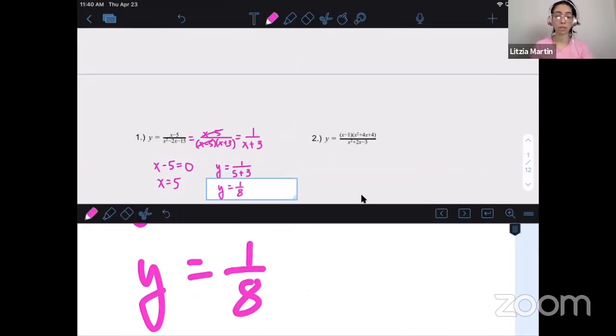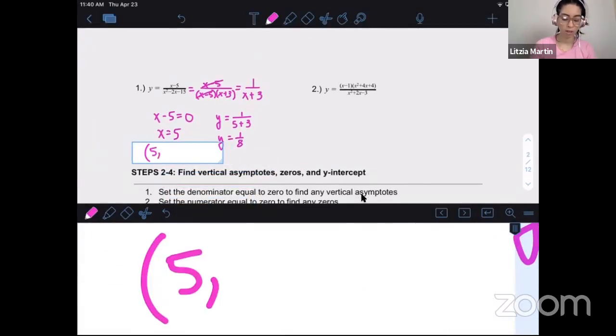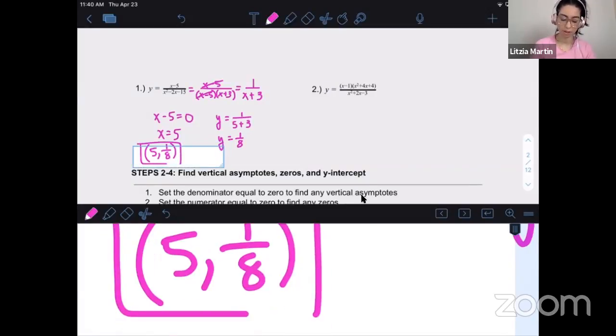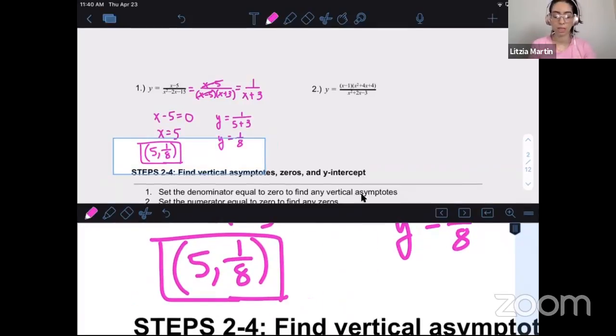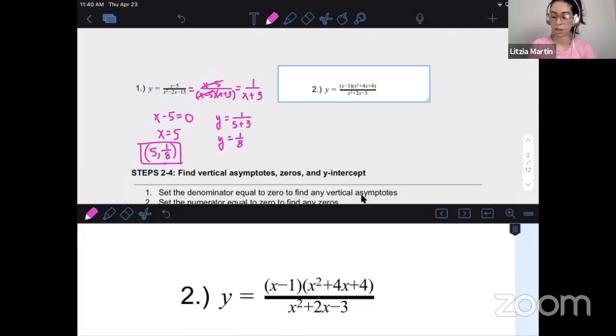So my answer, because a hole has to be written out like a point, will be (5, 1/8). That's my hole. Okay. Let me know if you have any questions. But that is that first problem. We'll go ahead and do number 2 as well together.